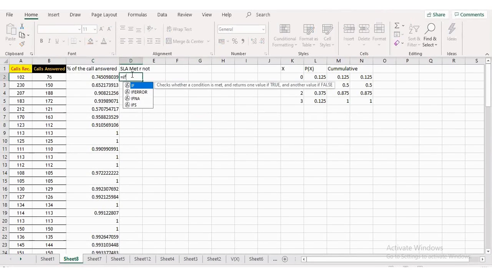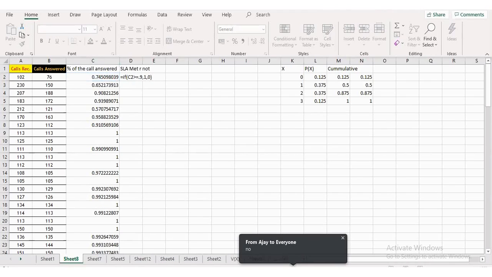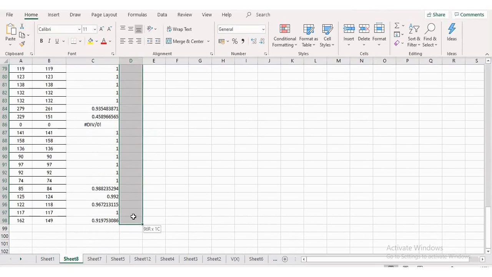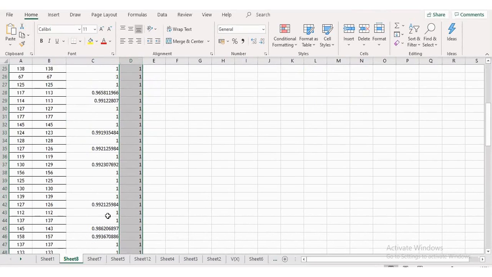I'm writing an IF condition: if this is greater than or equal to 0.9, I'm calling it 1, otherwise 0. Any question on whatever I've written, guys? Simple condition, that's all. It's not met, that's why it is 0. Copy, paste.